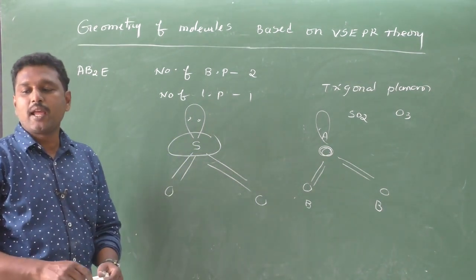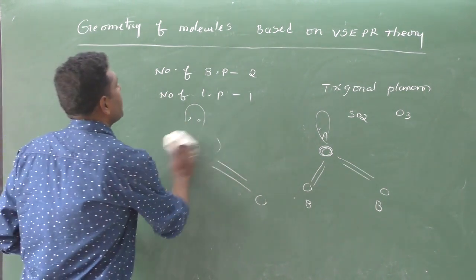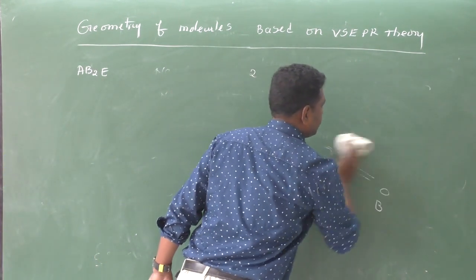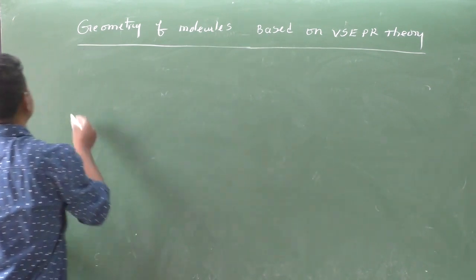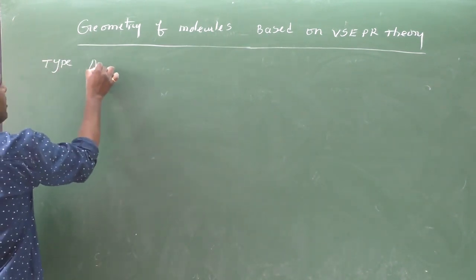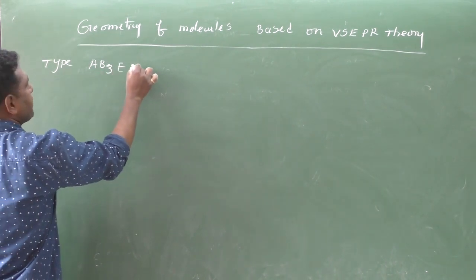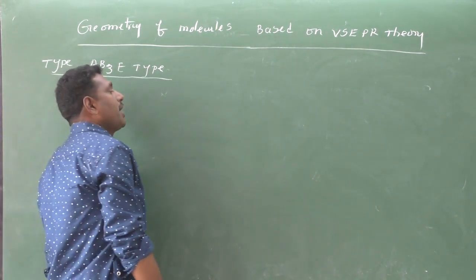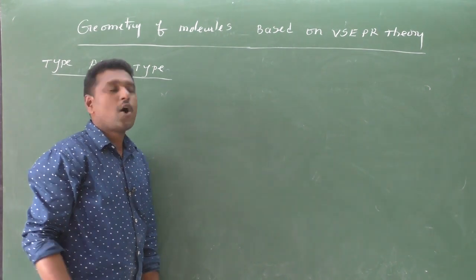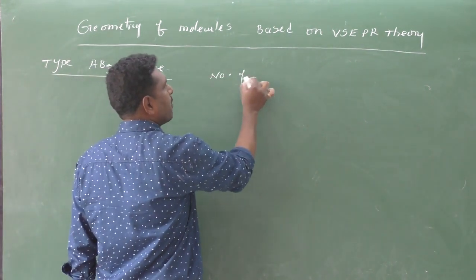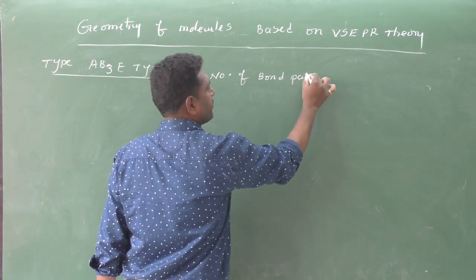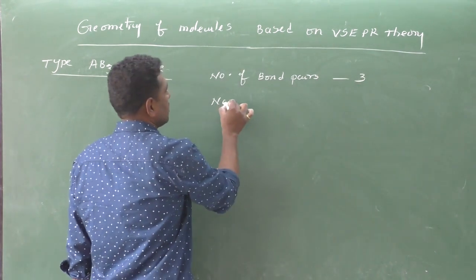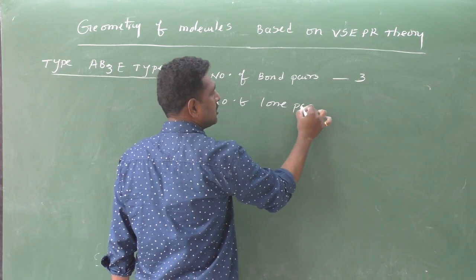Next, AB3E type. The AB3E type molecule has how many bond pairs? 3 bond pairs, and number of lone pairs 1.